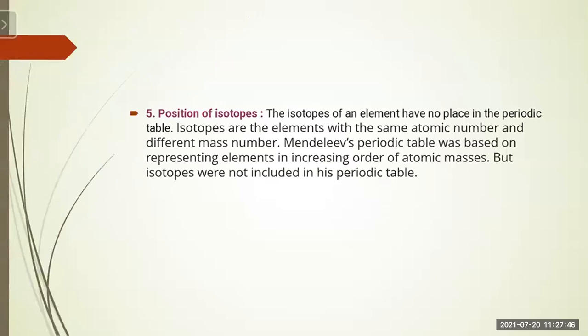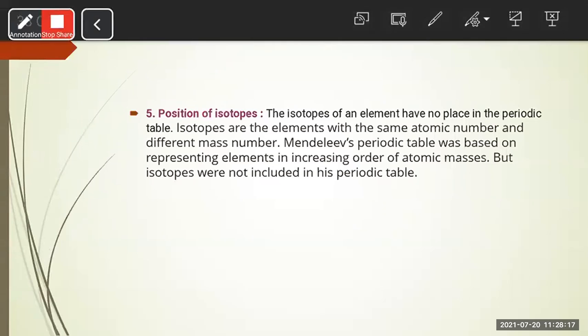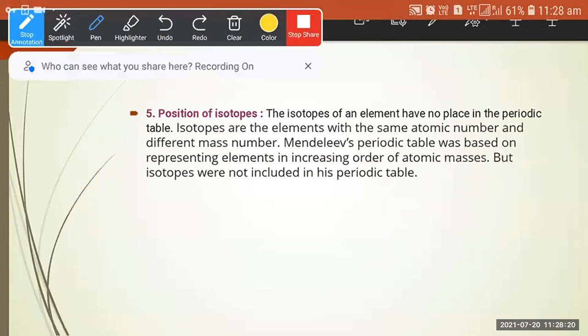Then next we have the position of the isotopes. The isotopes of an element have no place in the periodic table. Now what are isotopes? Isotopes are atoms of the same element with the same atomic number and different mass numbers. Mendeleev's periodic table was based on arranging the elements in increasing order of atomic masses, but isotopes were not included. Consider one example: carbon, whose atomic number is 6.